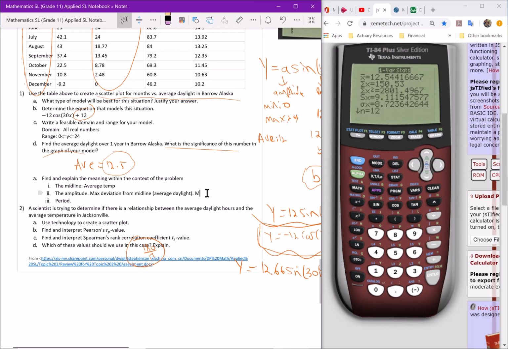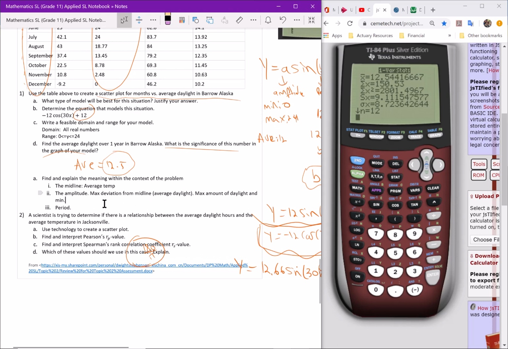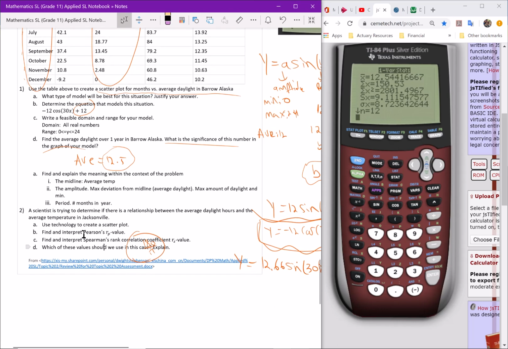Which means it tells us the maximum amount of daylight and minimum, if you go all the way. And the period is how long it takes to get back to where we started, which is basically the number of months in a year. Right, the period is 360 divided by 30, which is 12.